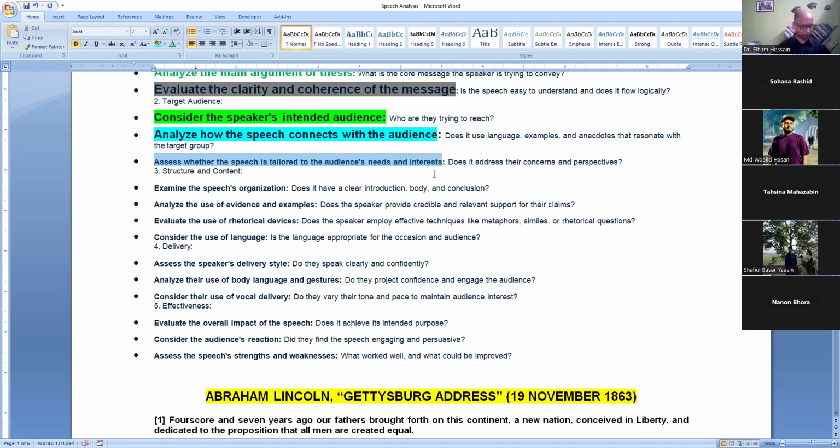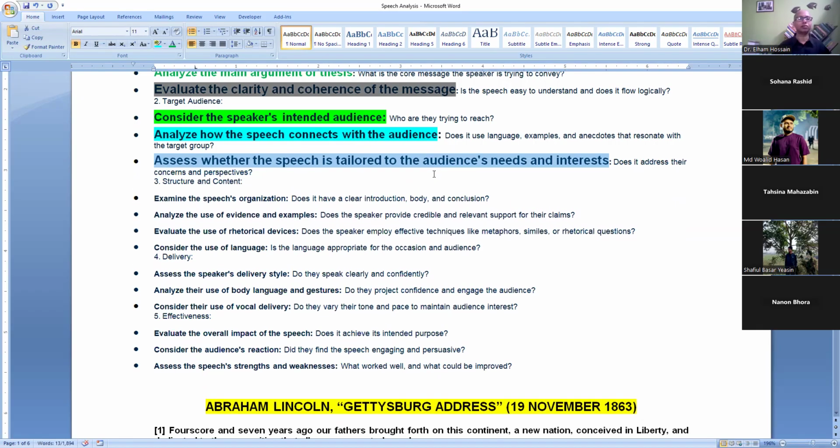Then come to the next point. Assess whether the speech is tailored to the audience's needs and interests. The speech must not be unnecessarily long.